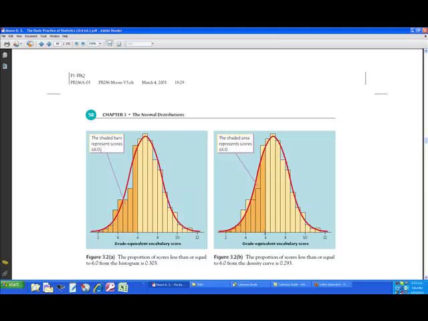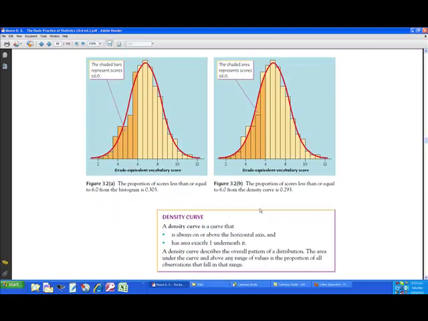So if you want to know approximately what percent of students got scores less than or equal to 6.0, that's going to be approximately the shaded area in figure 3.2b. Okay, maybe not exactly because it's actually the bars, but it's approximately the area under the shaded, under the curve.